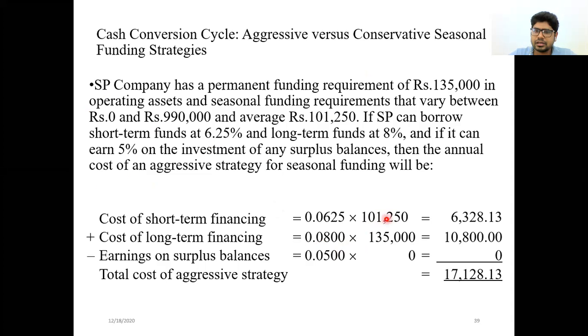So this amount is financed by short-term financing, and that cost is 6,328. And in the aggressive policy, do they maintain any surplus money in working capital? No, so zero. Then the total cost is 17,128. Clear?